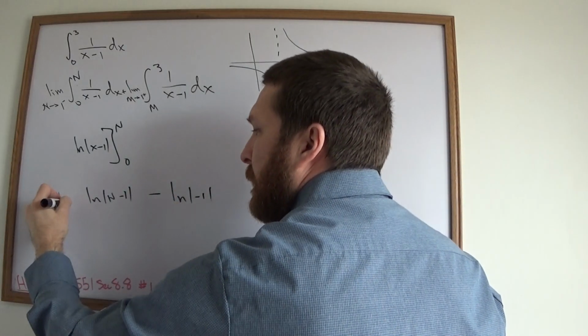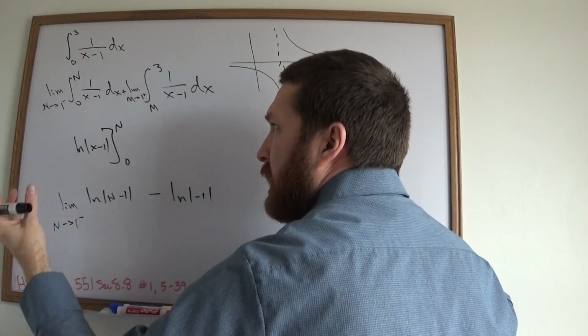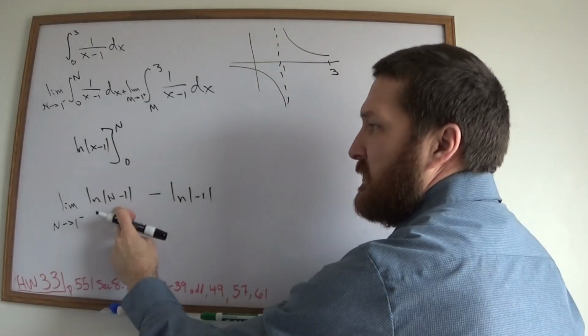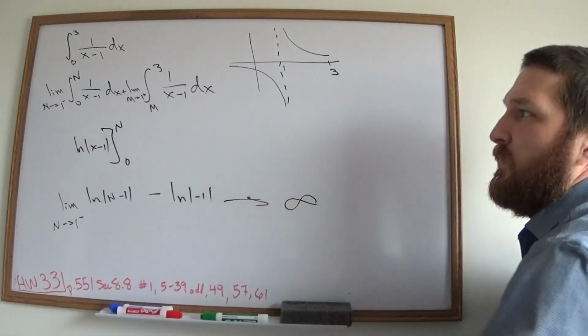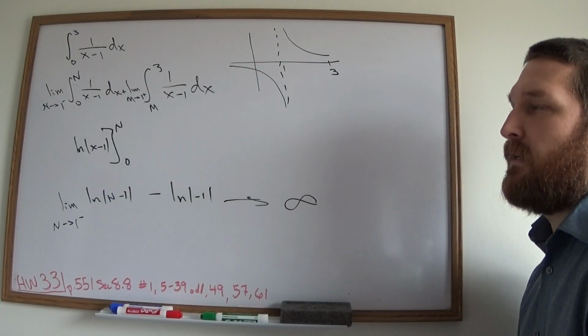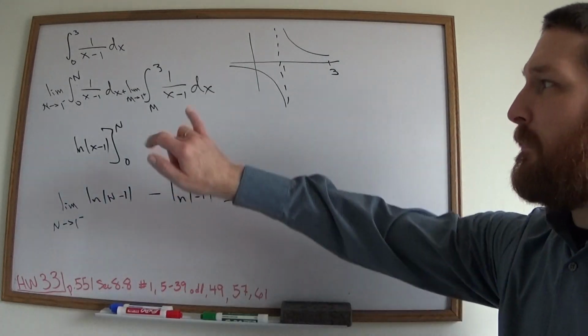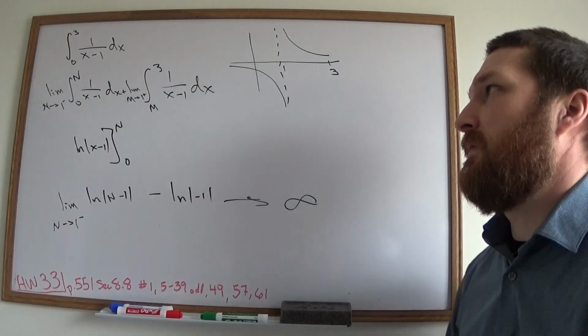Take the limit as n goes to 1 from the left, we get a 0. Log 0 blows up, diverges. I don't bother with anything else, because the same kind of thing happens. They both have to converge for this to converge.